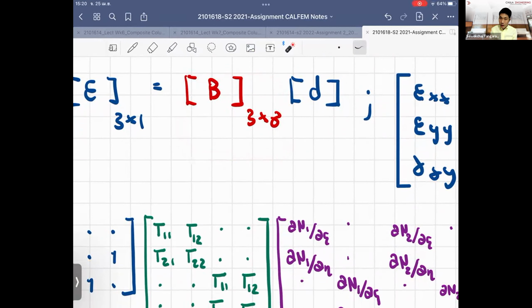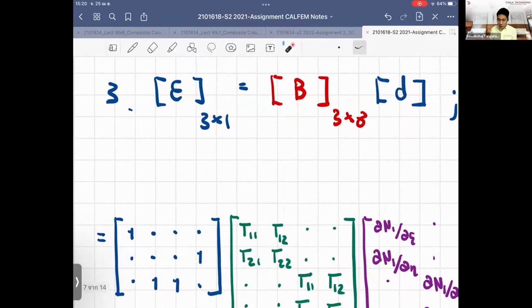You assemble it element-wise, and you already solved for U, and you send the results of the displacement at each degree of freedom to each element. You have 8 degrees of freedom, and you put them in d. You take d, which is the real displacement, and multiply it by the discretized B matrix, which is the derivative of the shape function. You obtain the values of the strain.